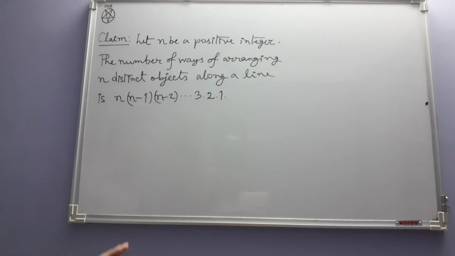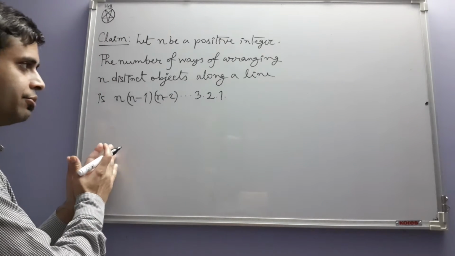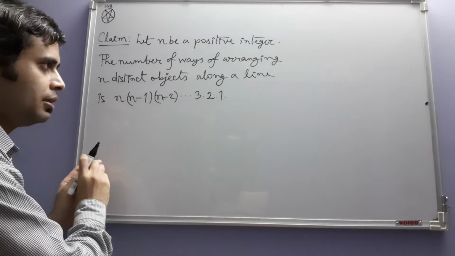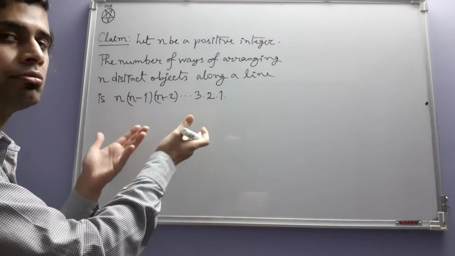This is my claim, that if I have n objects, then those n objects can be arranged along a line in this many ways.